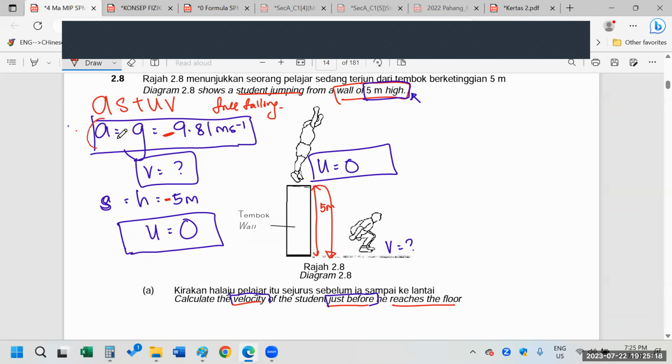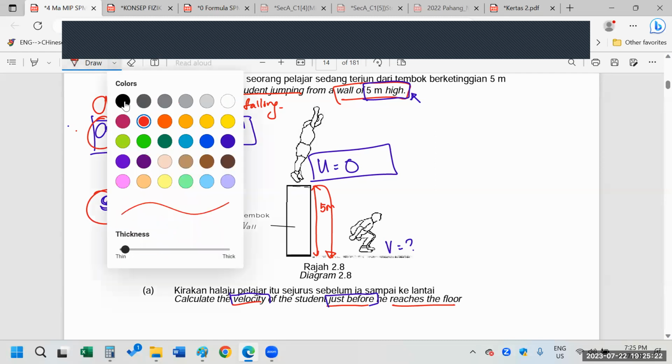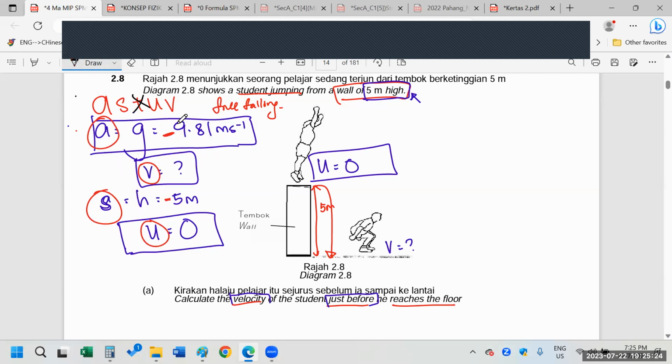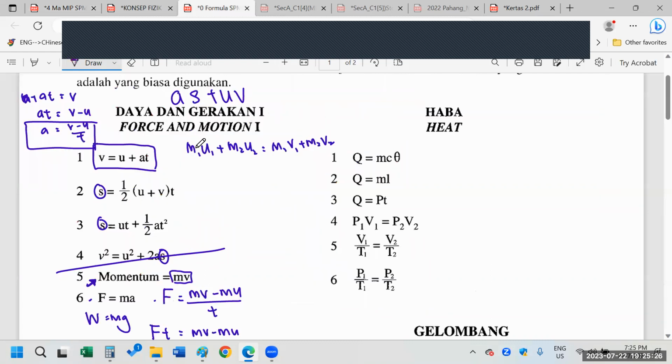So we got A, S, U, V, means we don't have T. So let's find the formula without T. This one got T, this one got T, this one got T. Okay, wait. Use number 4.